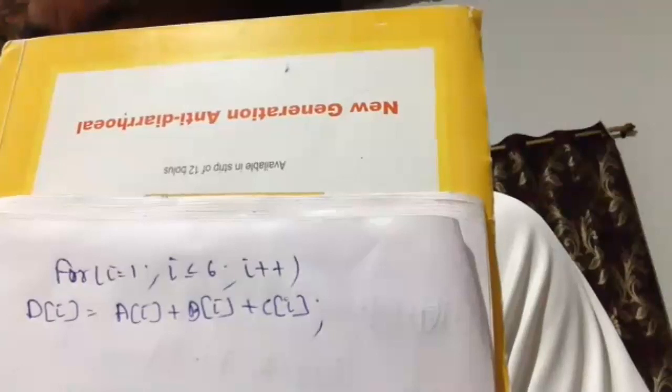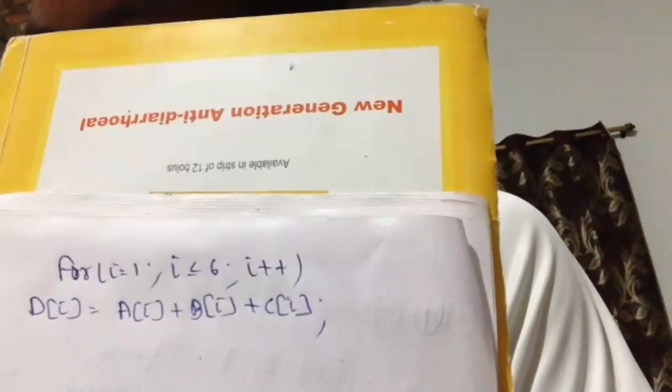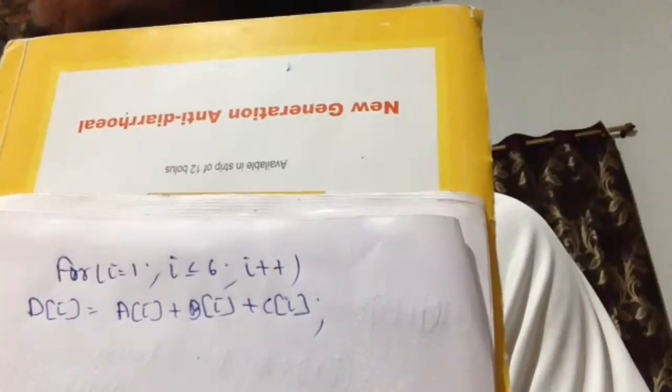To generate the locations, who will take care of the addresses? For loop. If you don't put a for loop, it will display only one element, not 6 elements, because you are going for only one address. If you use a for loop, it will generate 6 addresses and 6 outputs. So put one for loop.